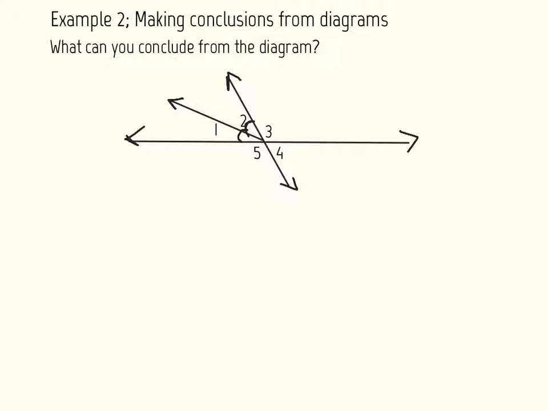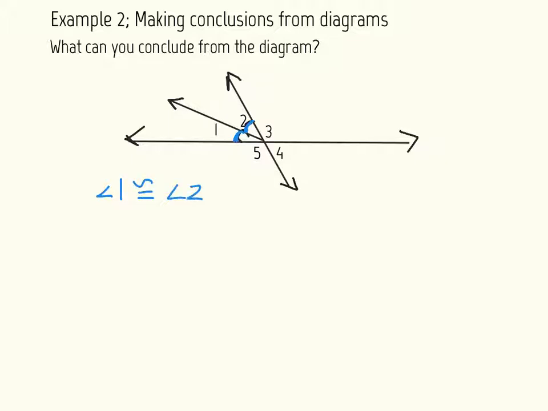For this next example, we just want to make conclusions from this diagram. So we have this image, and we see, first of all, that these two markings are given. So that means that those two angles are the same. So we can say angle 1 is congruent to angle 2.